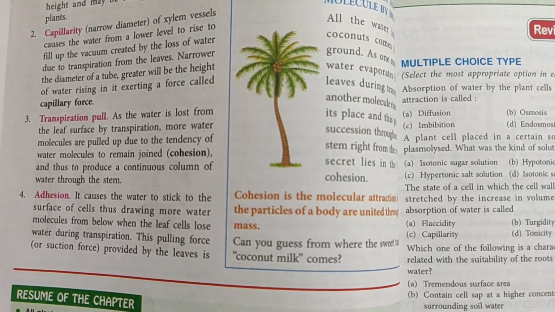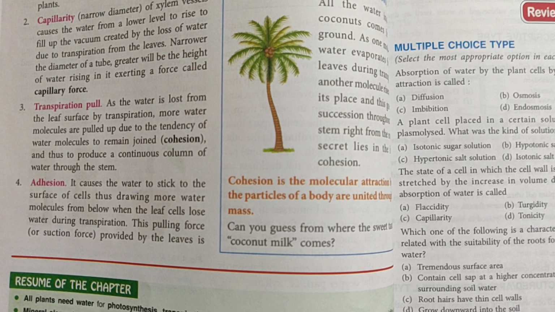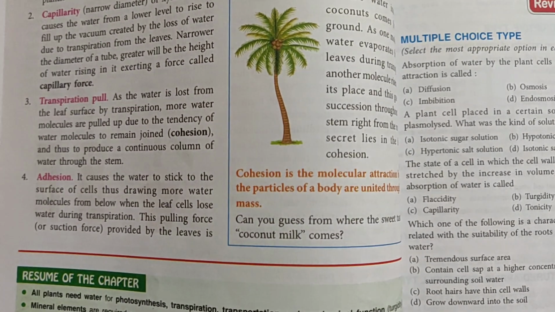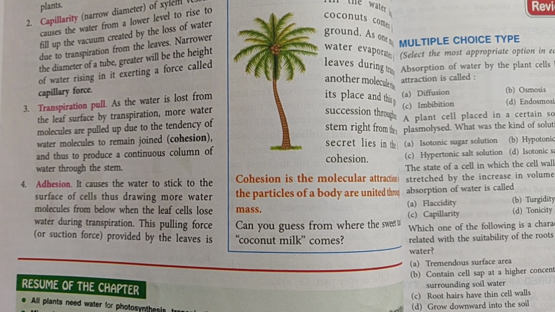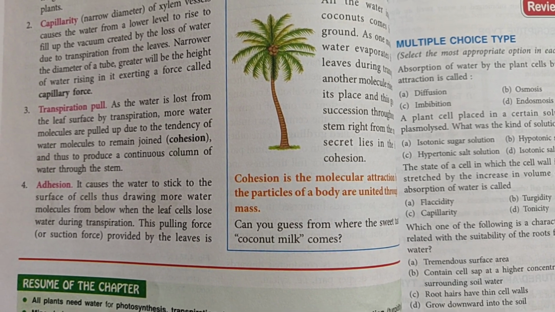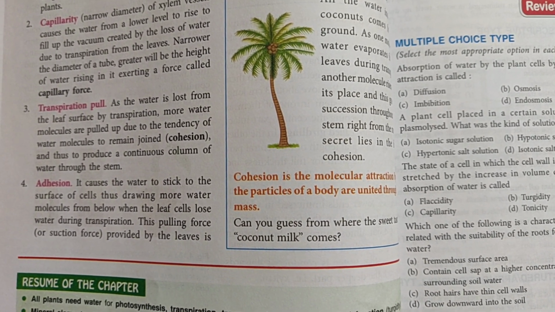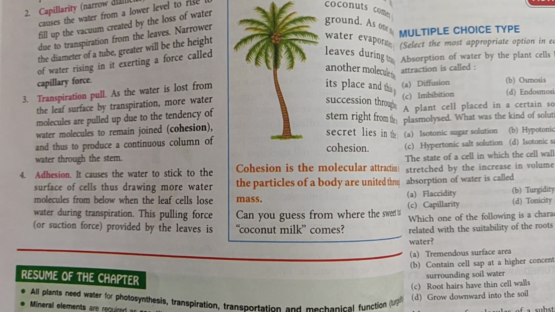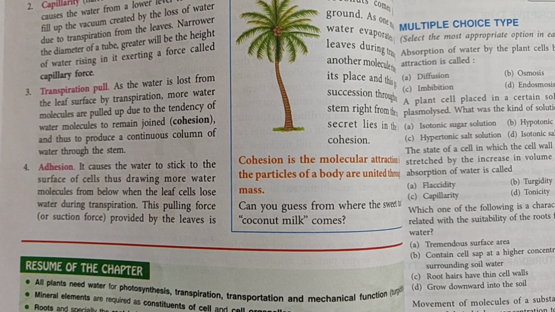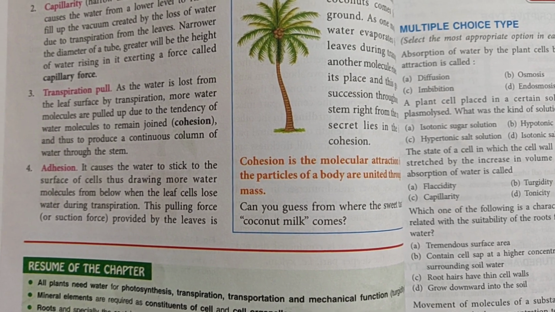The third point is transpirational pull. As the water is lost from the leaf surface, more water molecules are pulled due to the tendency of water molecules to remain joined. And thus, they produce a continuous column of water.